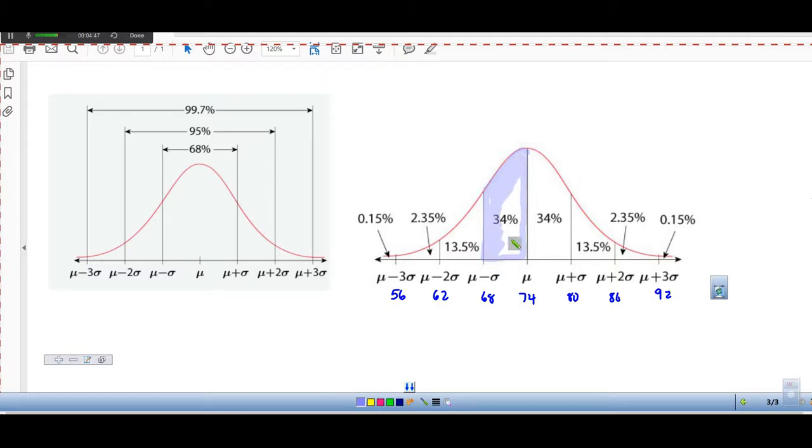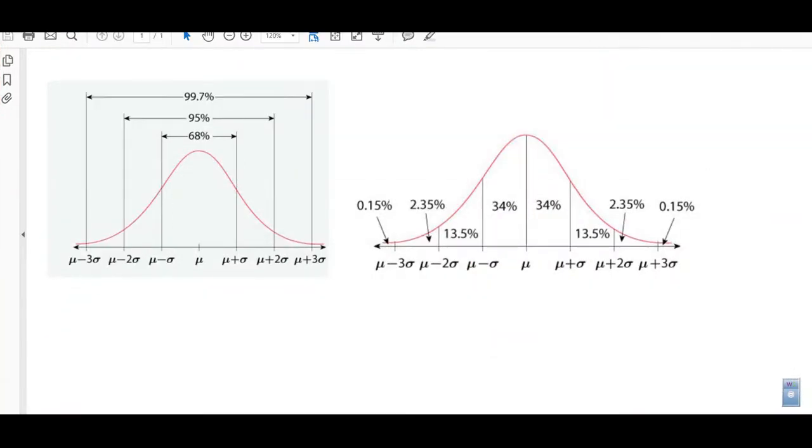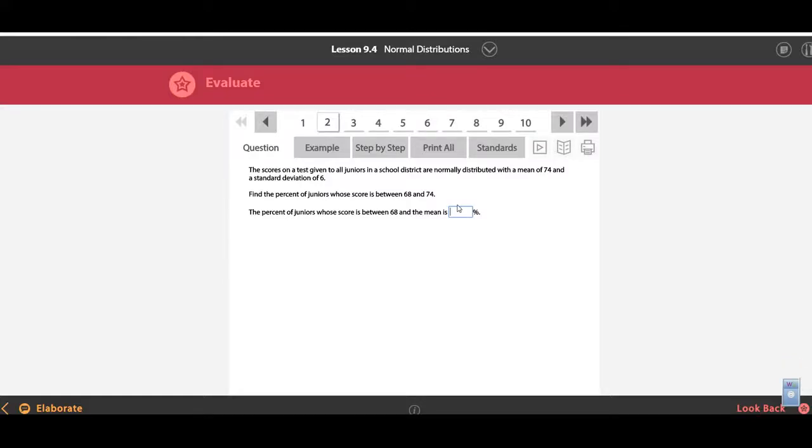Well, that is 34%. 34% is what we're looking for. Okay, so we can go back here and put in our 34%, and then we're going to go on to the next problem.